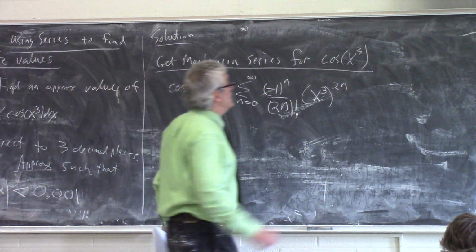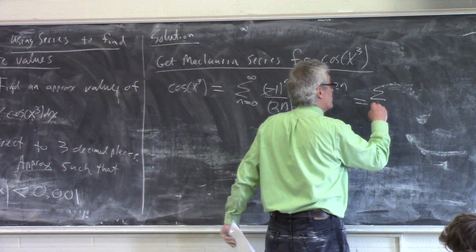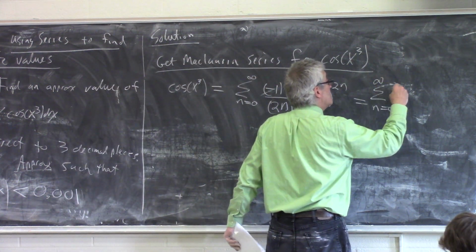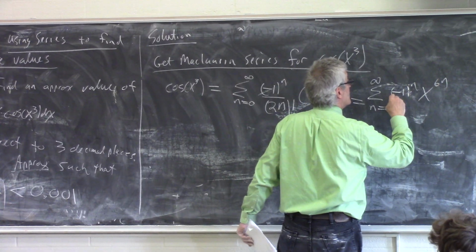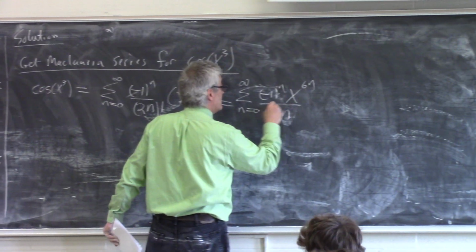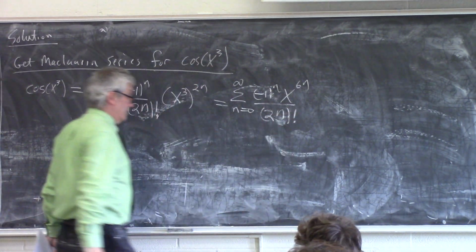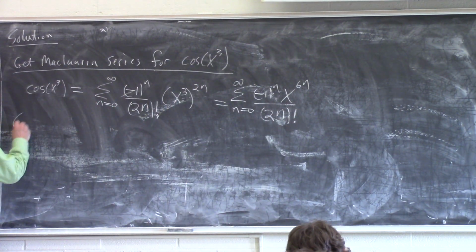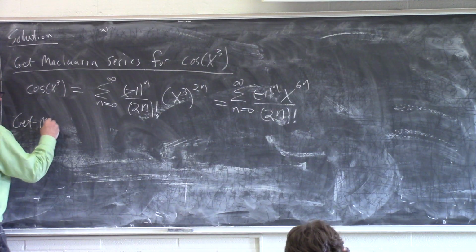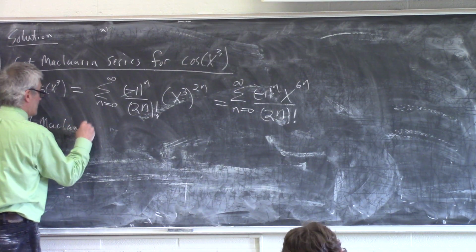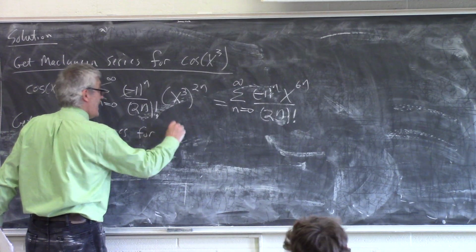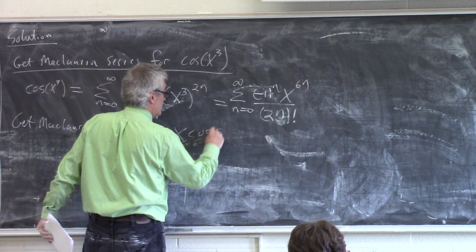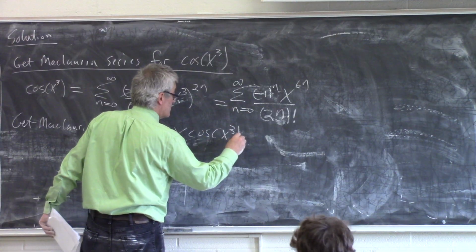So that's the sum as n goes from 0 to infinity of (-1)^n x^(6n) over (2n)!. And then I'm going to get the Maclaurin series for x cosine of x cubed.